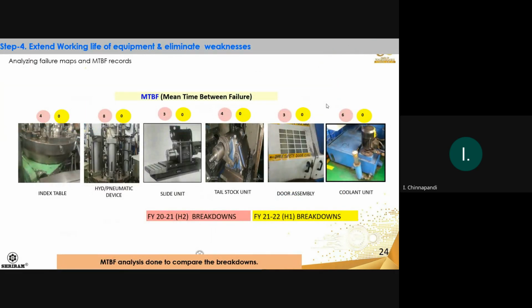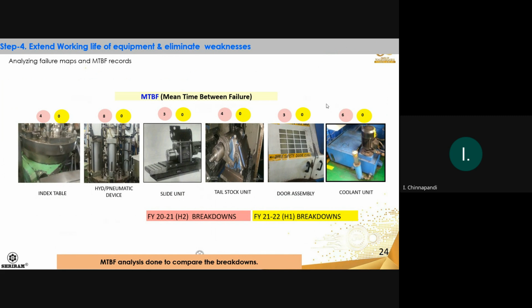And to extend the life of the equipment, once we identify which parts are giving repetitive failure, we take corrective action. Once the corrective action is implemented, the breakdown will be eliminated. So that is why we focus on the component level and the equipment level. If the equipment is continuously failing again and again, we take the equipment and do some corrective action.